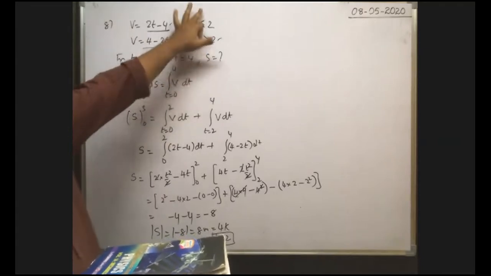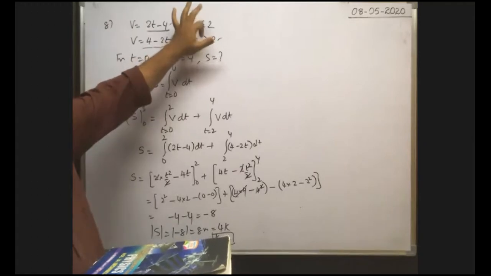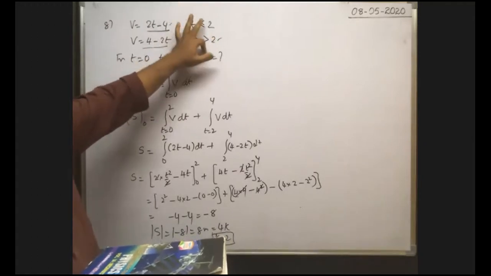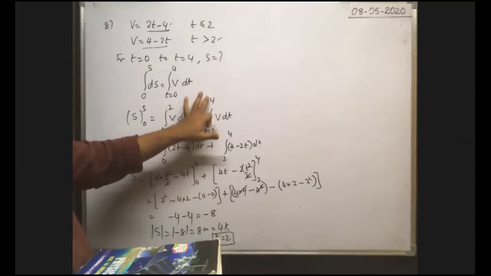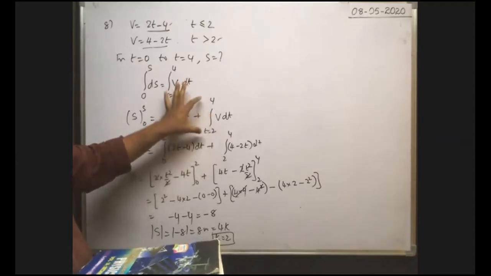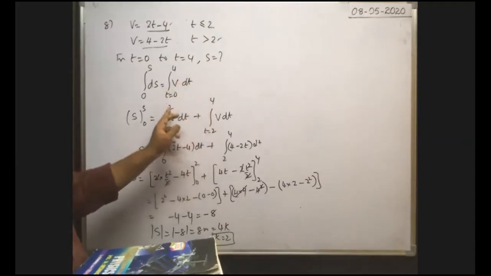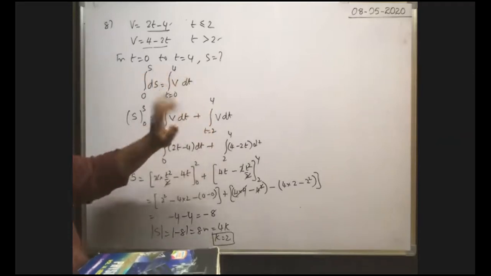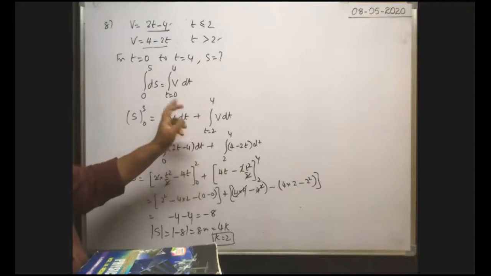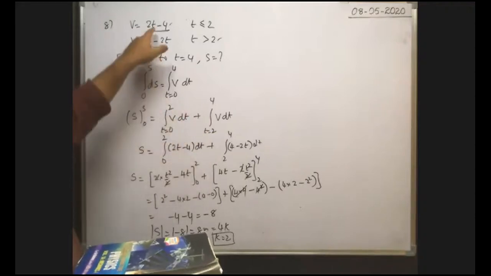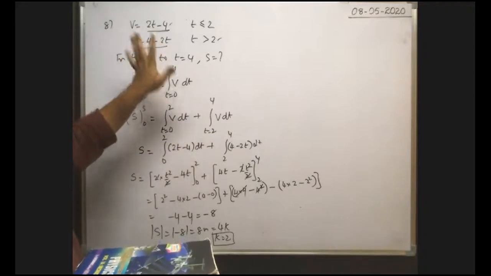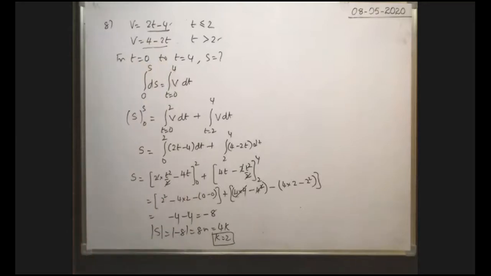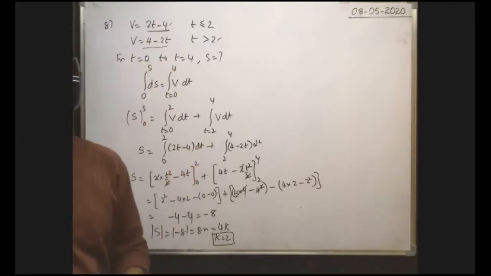From 2 to 4 only, we have to take. Here at t is equal to 2 seconds, both are the same, it is 0. That's why it makes no difference when you take t is equal to 2 seconds. Okay.